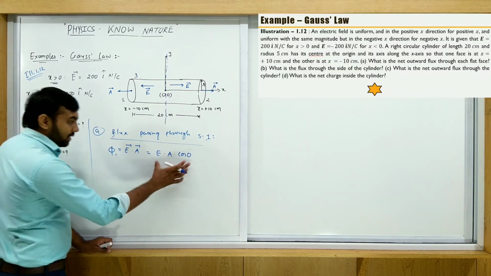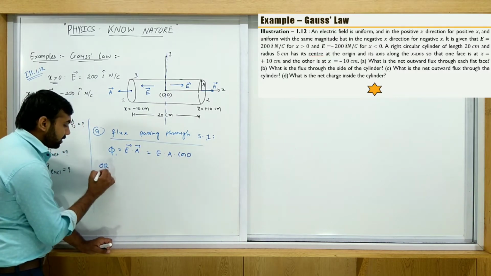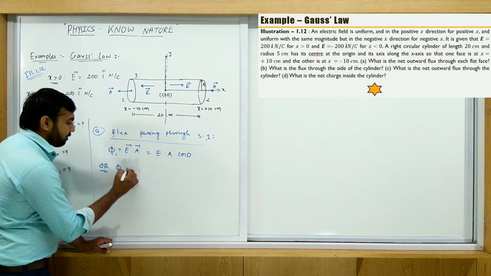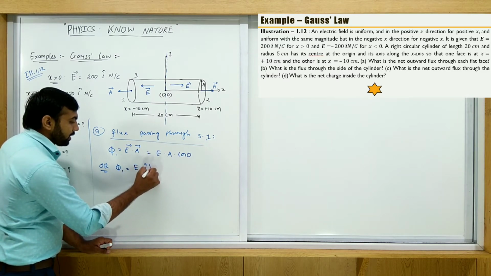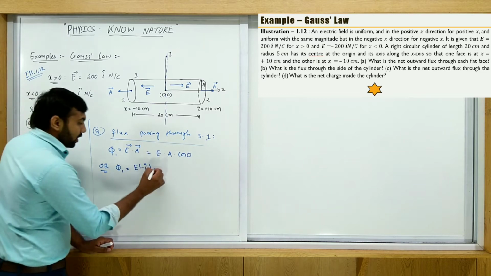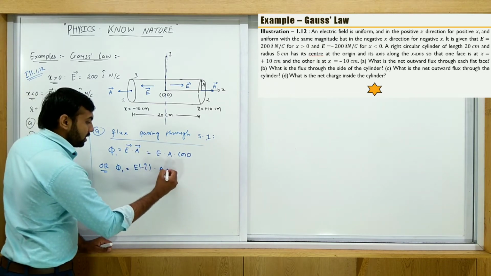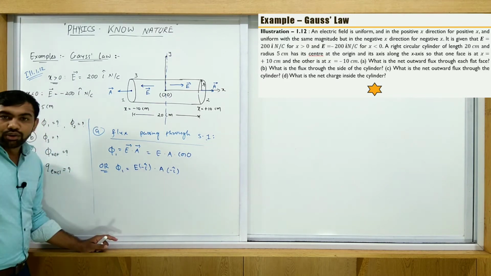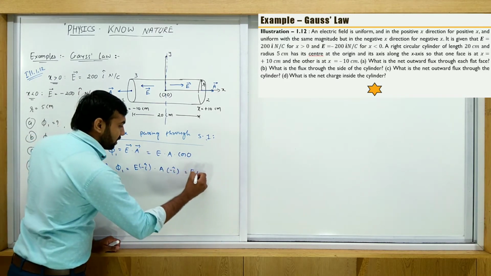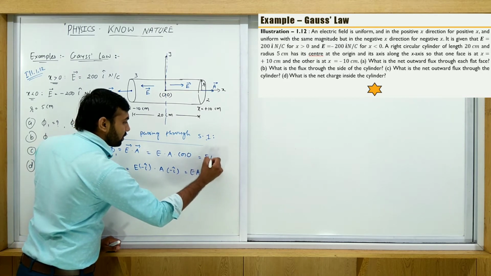You can write it in this way, or you can also write the same formula this way: phi 1 is equal to E, what is the direction, minus i, dot A, what is the direction of A, minus i. Minus i dot minus i is 1. So what is this answer? It is equal to EA.